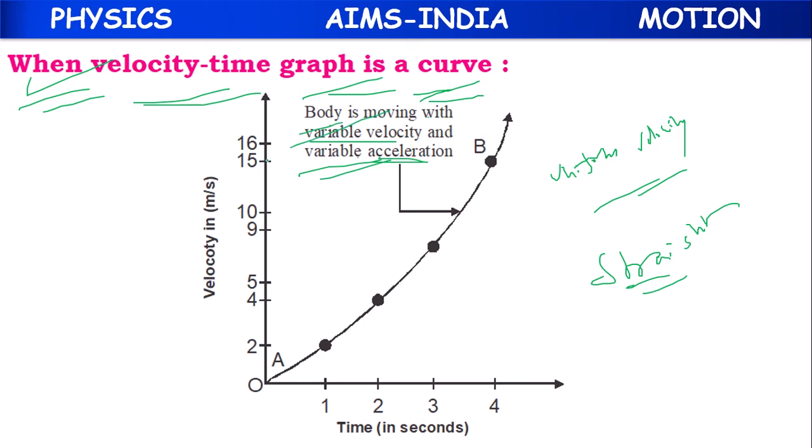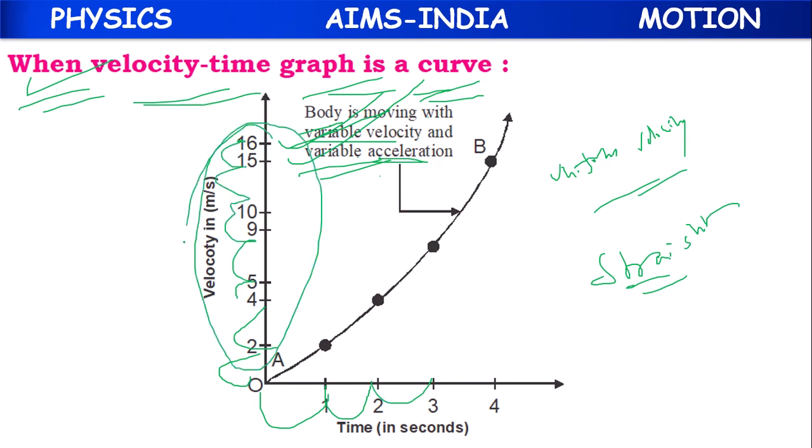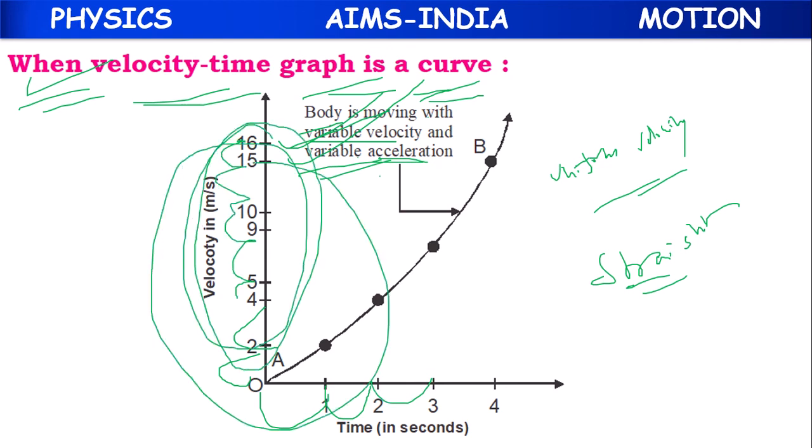So the body is moving with variable velocity, variable acceleration. In 1 second here 2 meter per second, in 2 seconds 2 meter per second, next 3 seconds somewhere like that. There is no definite relation between the velocities, so we can tell that it is moving with variable velocity. That's why it will have variable acceleration.